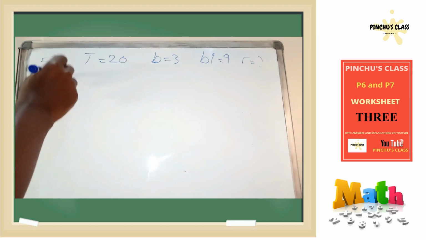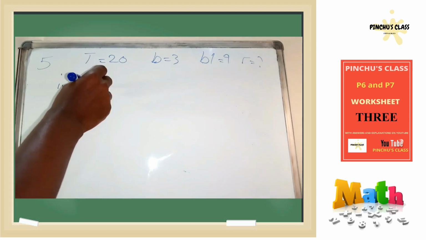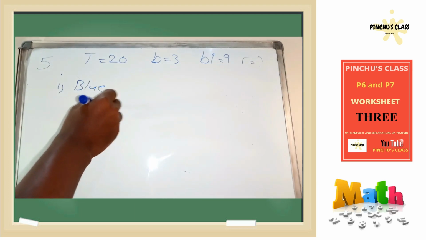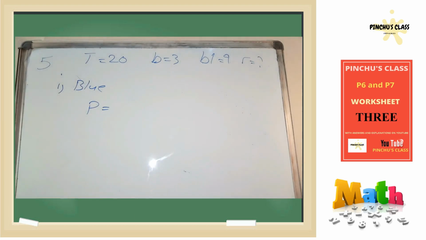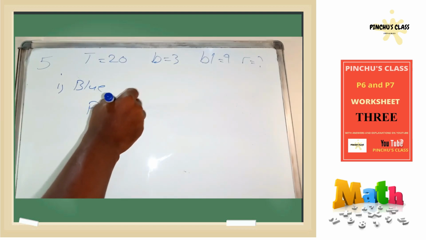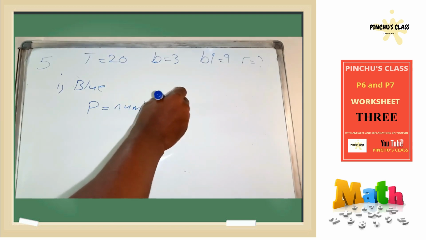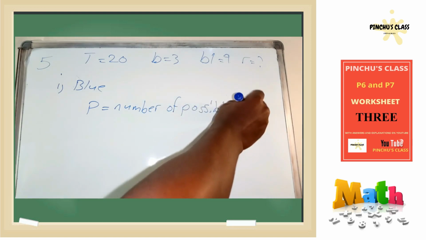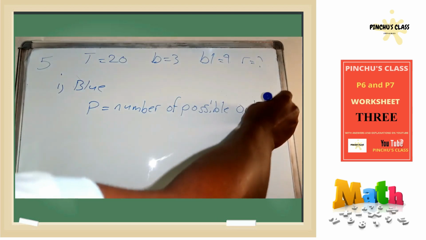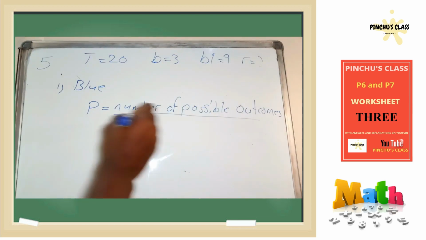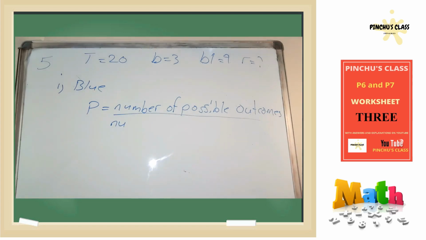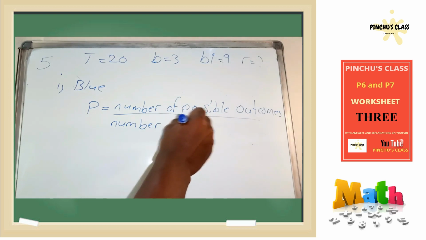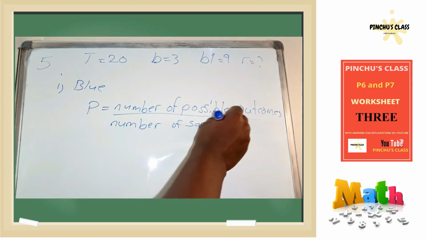So for part 1, we are finding the probability of picking a blue pen. Probability is the same as number of possible outcomes out of number of sample space.